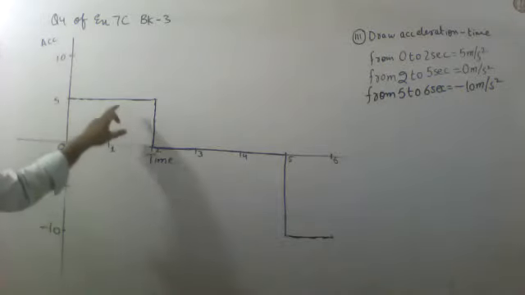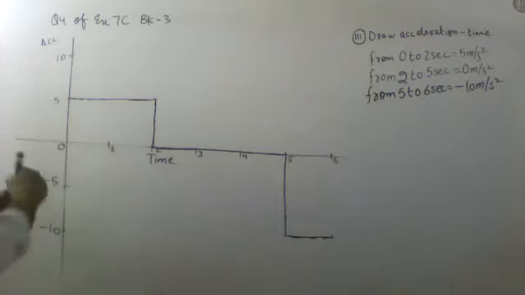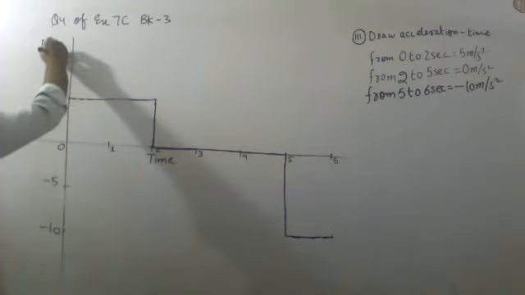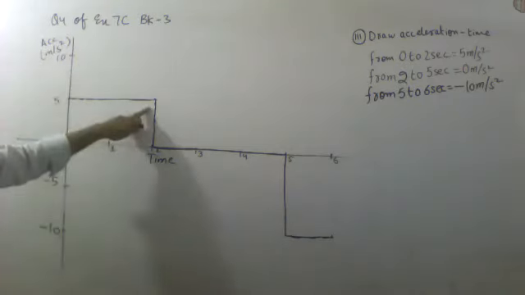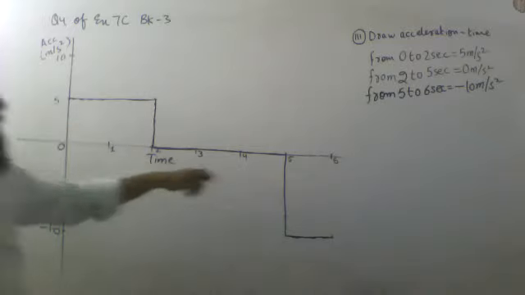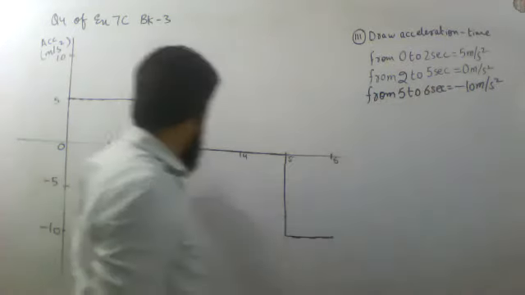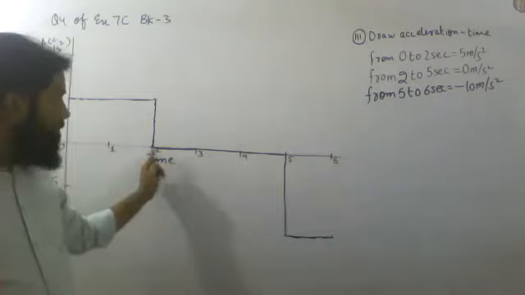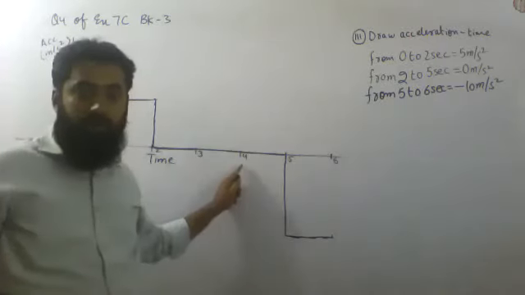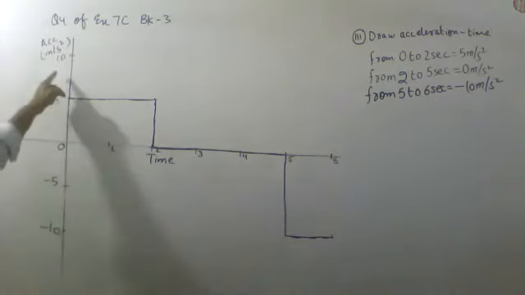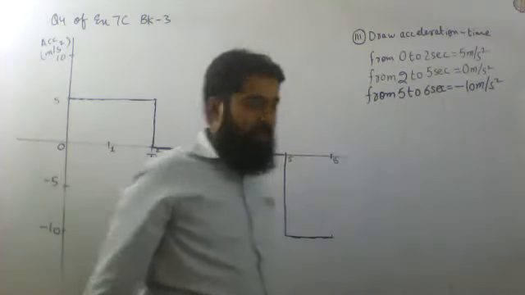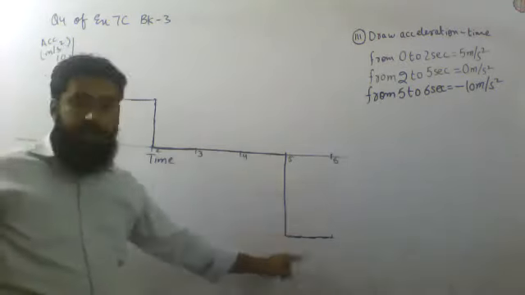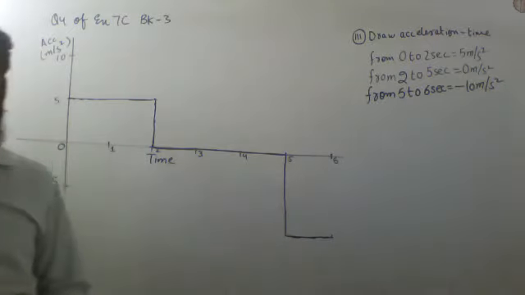From 0 to 2, the acceleration was 5 meter per second square. Then acceleration dropped to 0. From 2 to 5, 0 meter per second square. And last one, from 5 to 6, minus 10 meter per second square.